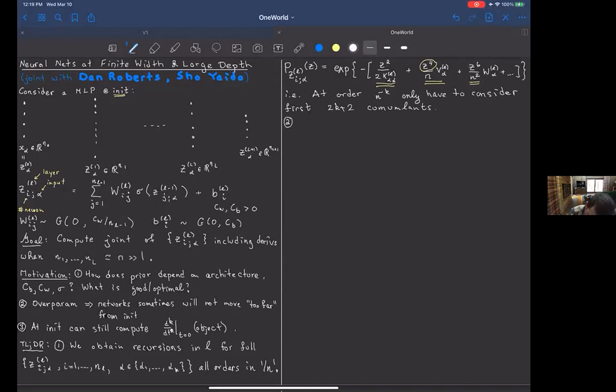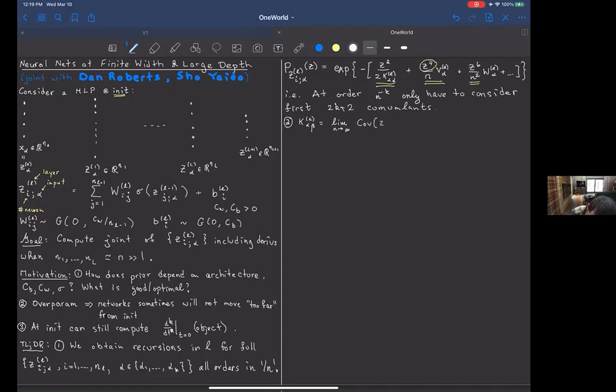But we can do much more. We write down recursions for these coefficients, for the K and the V and the W. These are functions of L, and we can write down recursions for them with respect to L. But the observation is now the following. The second point is, if you look at K^L_{alpha beta}, which I'm going to define right here, this is just my notation for the infinite width covariance.